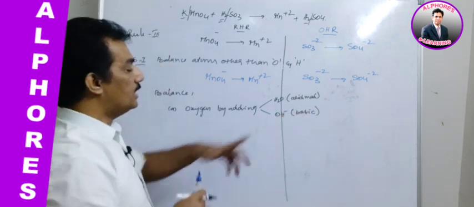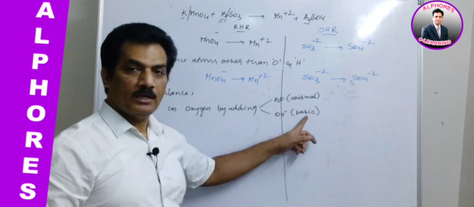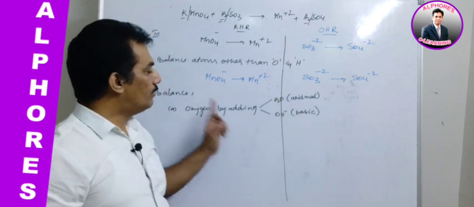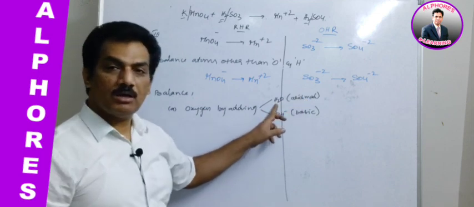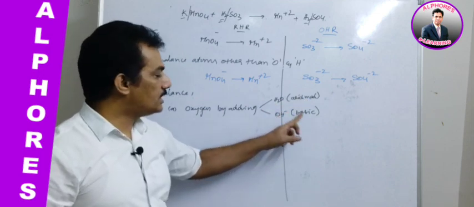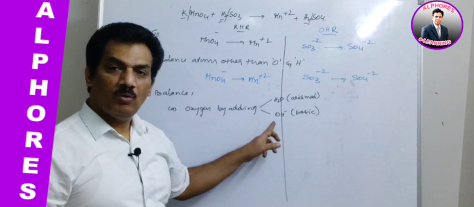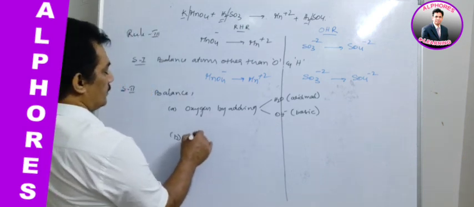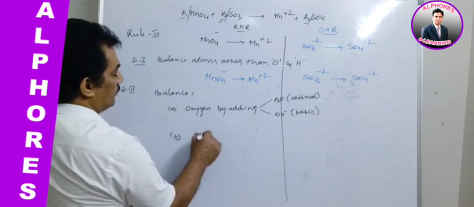Here the medium plays an important role in balancing the oxygen. For acid medium we have to balance oxygen with water, and in basic medium we have to balance with OH minus. Clear?